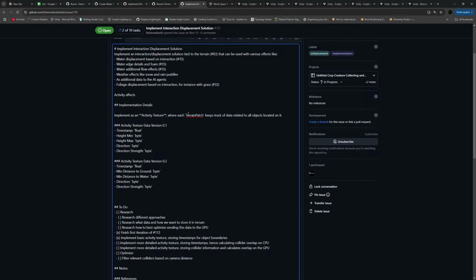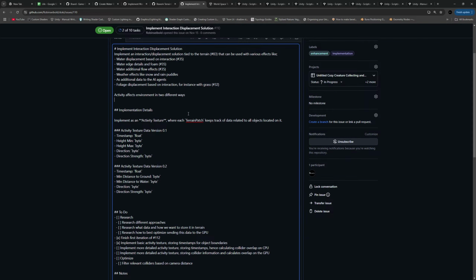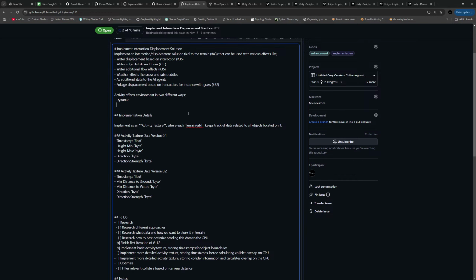Affects environment in two different ways, I suppose. Dynamic and static.